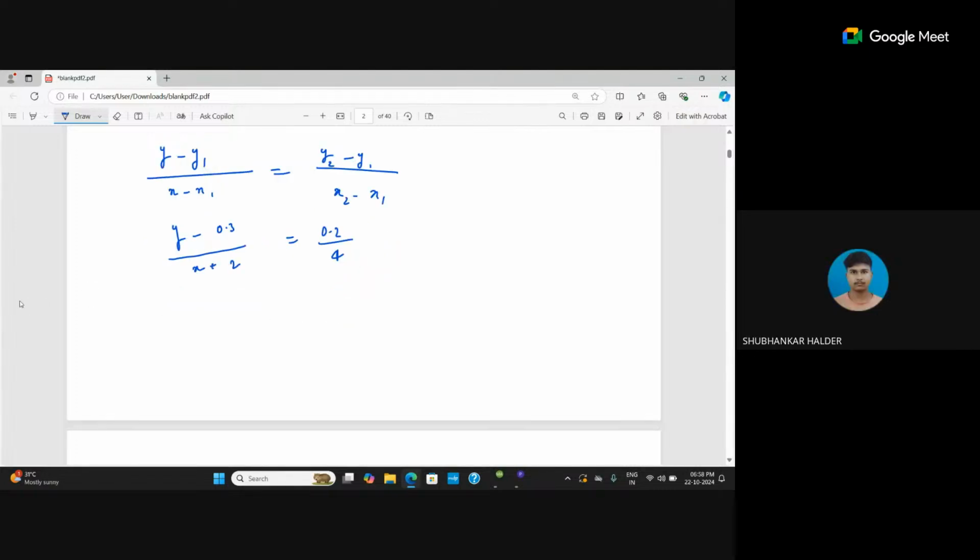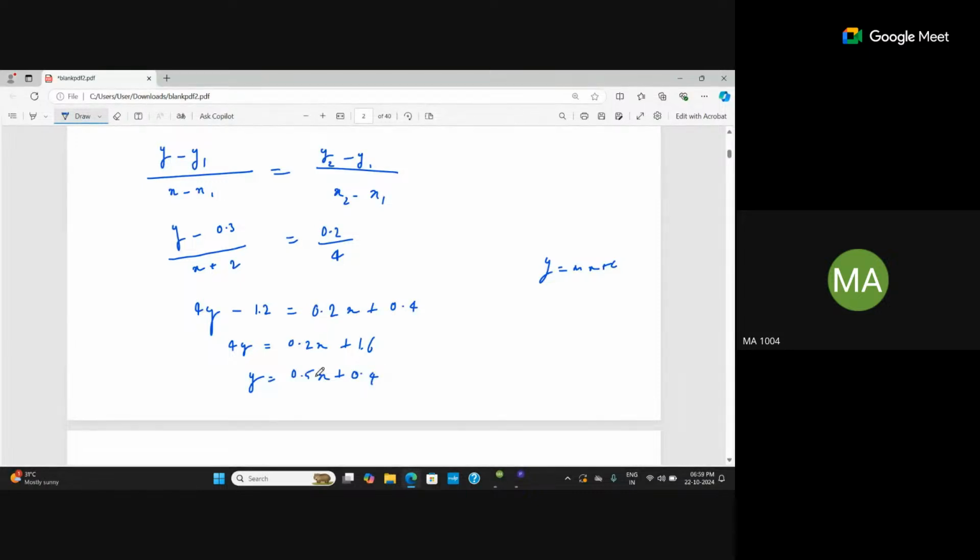So it will be 4y minus 1.2 equals 0.2 times x plus 0.4. Here you have to find the equation of the line in the form y equals mx plus c. So 4y is equal to 0.2x plus 1.6, so y will be equal to 0.05x plus 0.4.